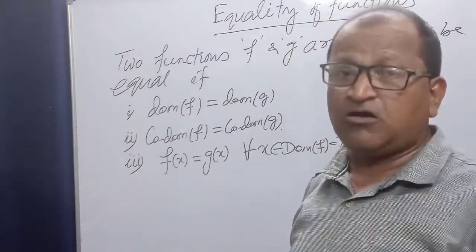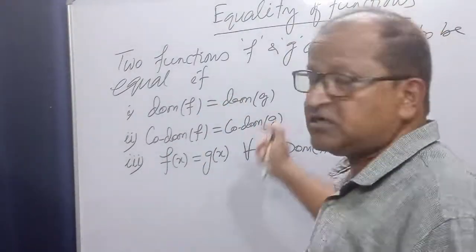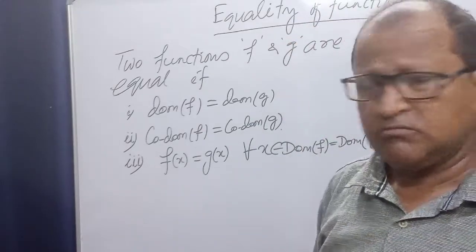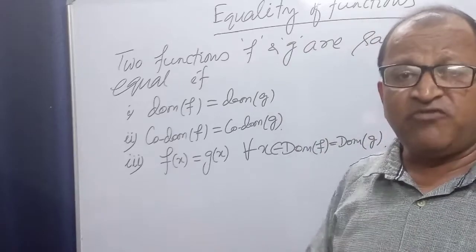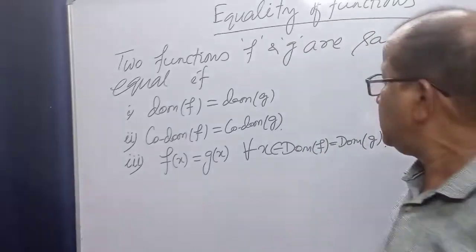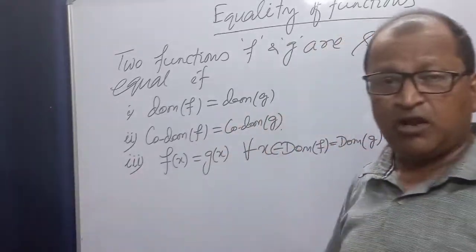If their domains are not equal, then we say that the functions are not equal. If the domains are equal but their codomains are different, then also we say that the functions are not equal.